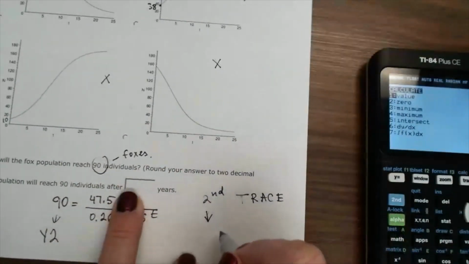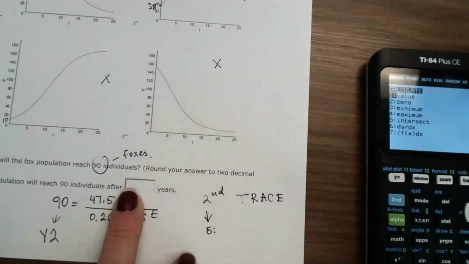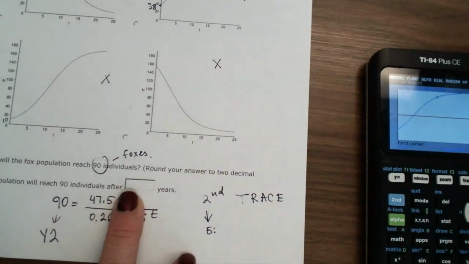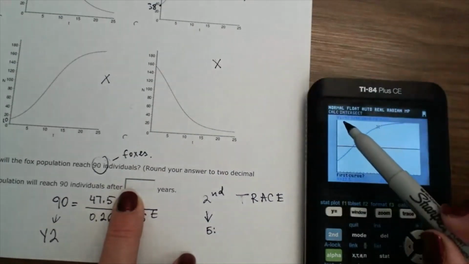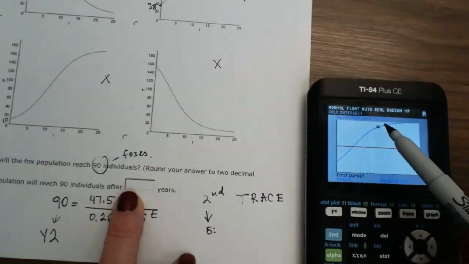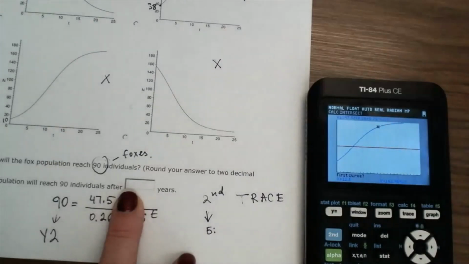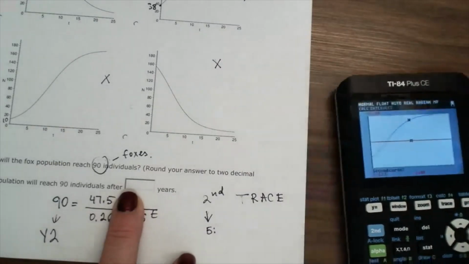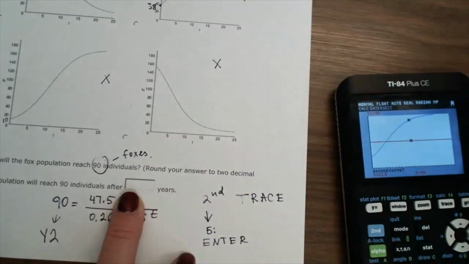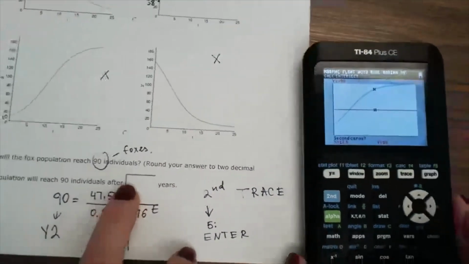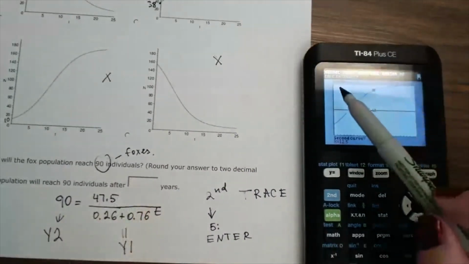We have to go down to 5, press enter, and they ask you, is this your first curve? And you can check if you typed your equation correctly. Then you will press enter. Then they will ask, is your second equation correct?